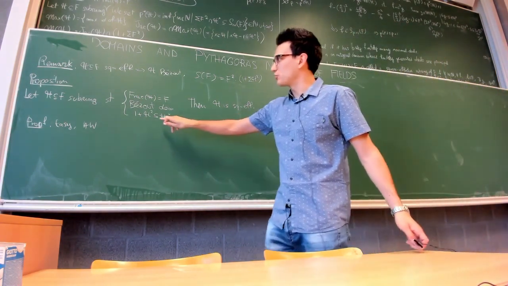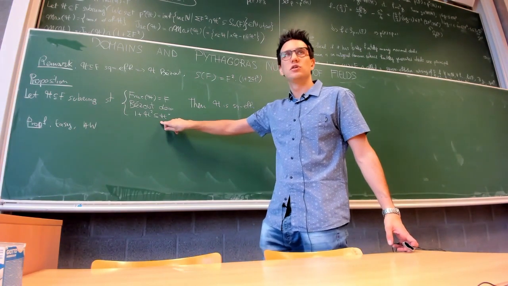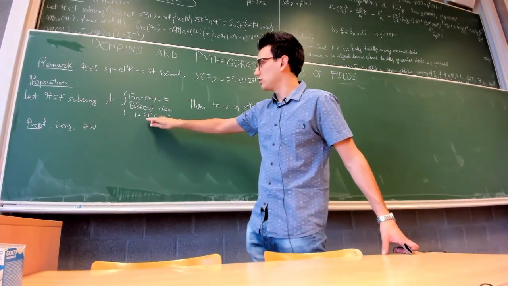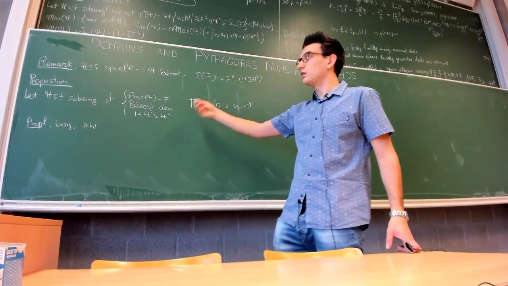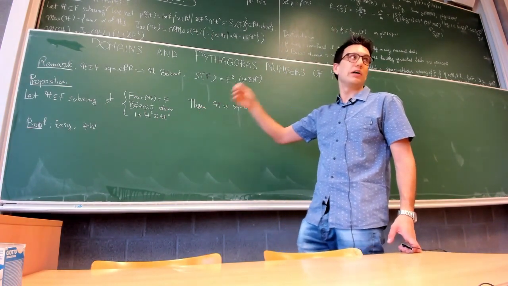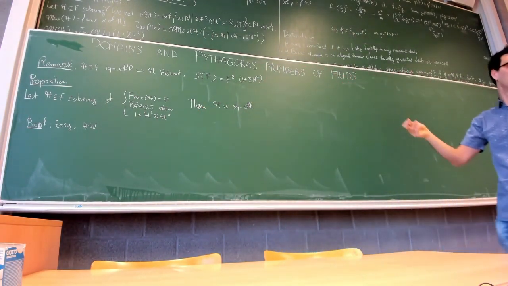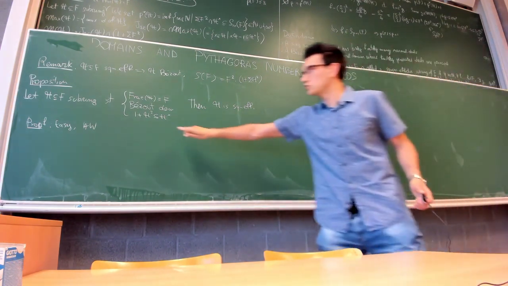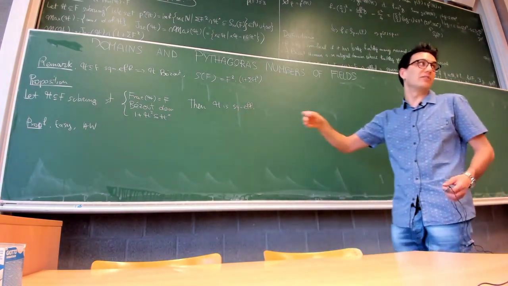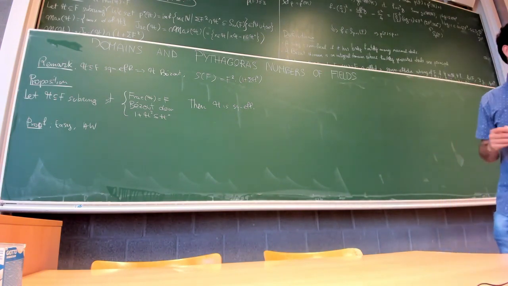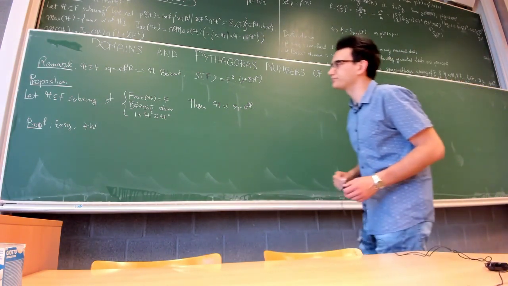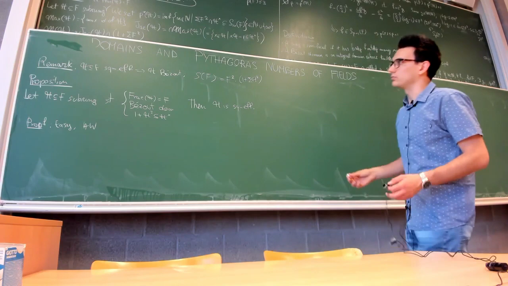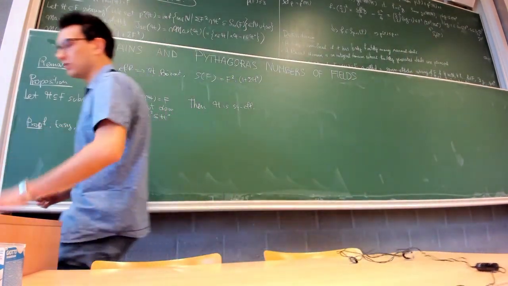Let me just mention this condition here means morally that if you take a maximal ideal of H and you quotient H modulo this maximal ideal, it's a field, and this condition imposes on the field that the level is not 1. But okay, let's move on.